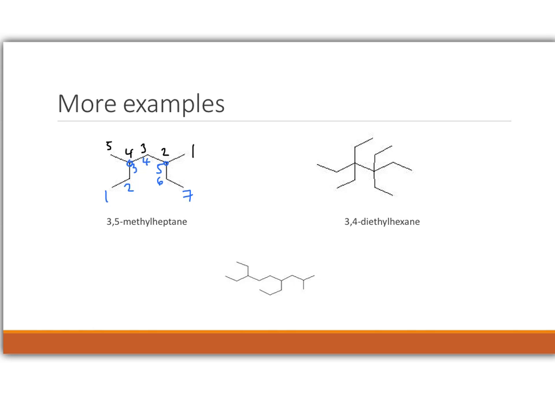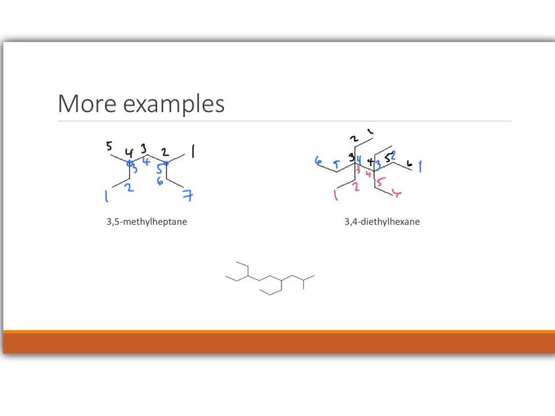Okay? Next one. A couple of different ways of numbering. We've got 1, 2, 3, 4, 5, 6. Or if I start here, I've got 1, 2, 3, 4, 5, 6. Or just to count one more, this one you find, no matter where you start, you end up with a whole bunch of different ways of doing a 6 chain.